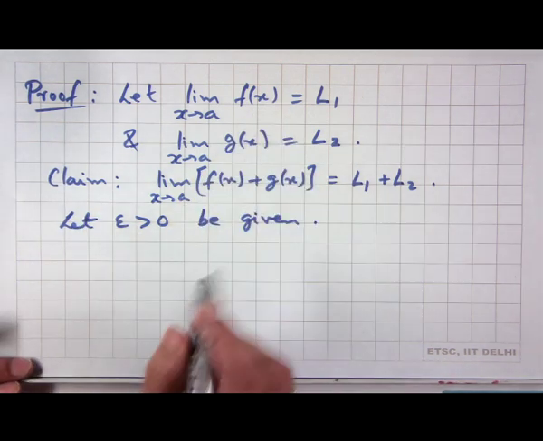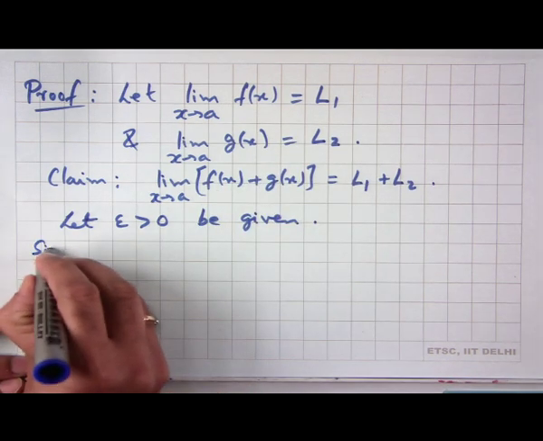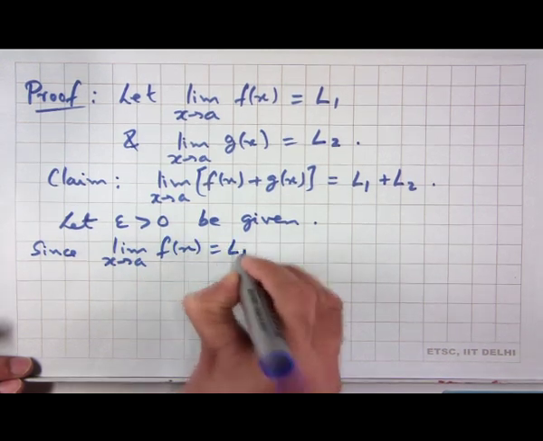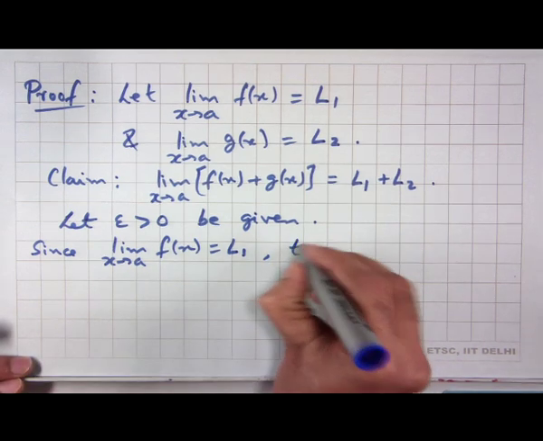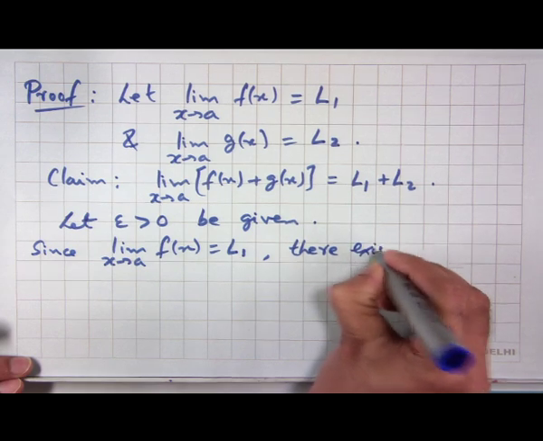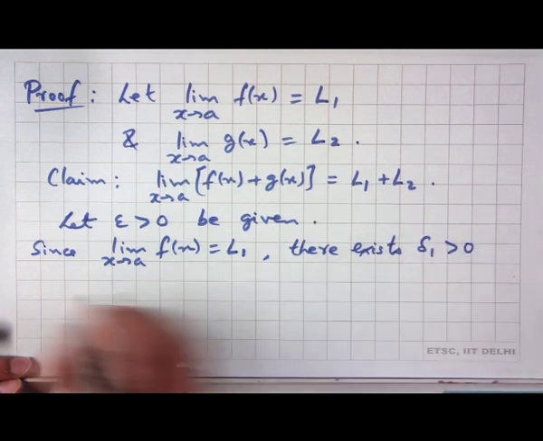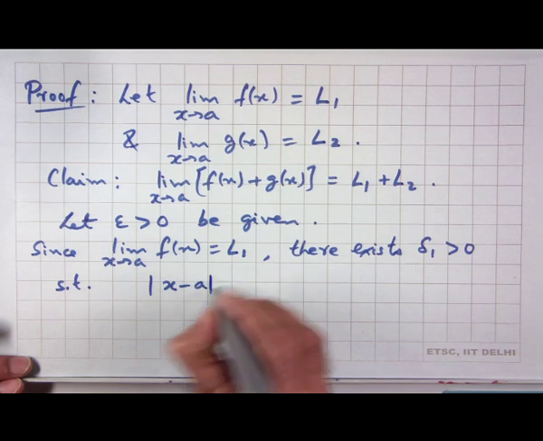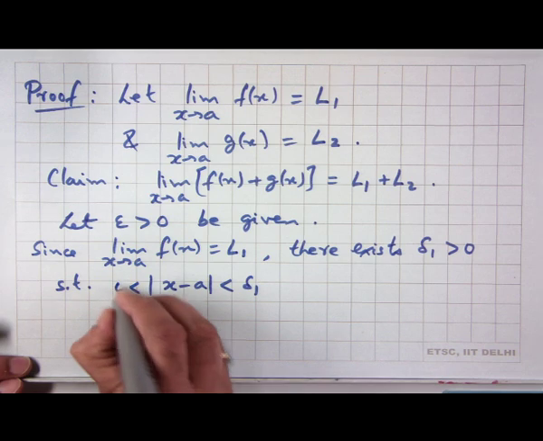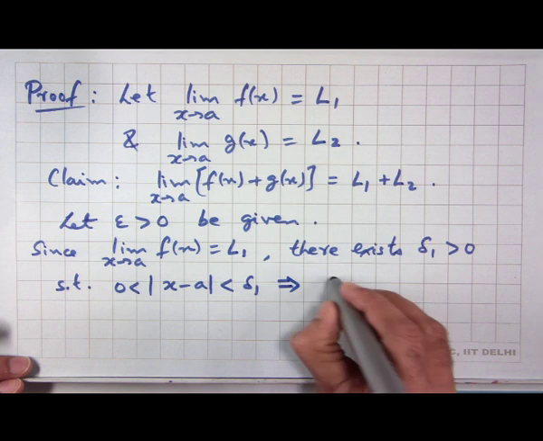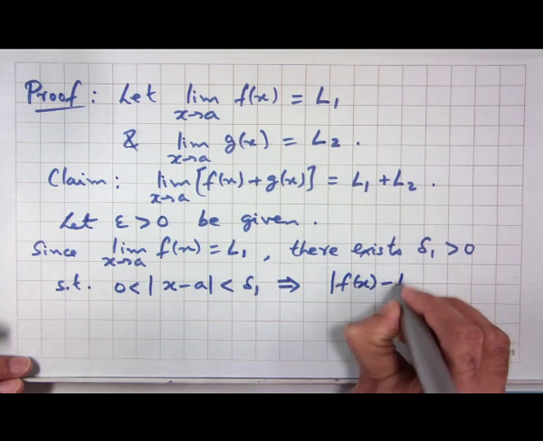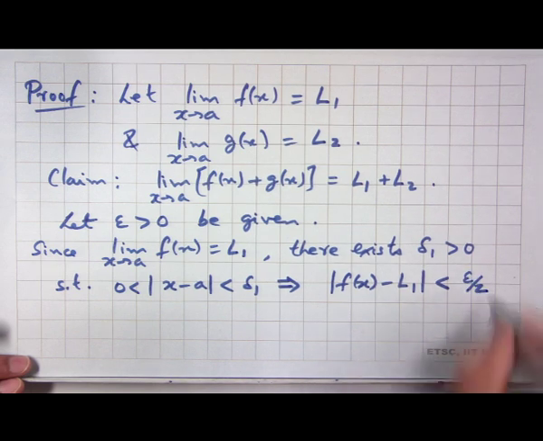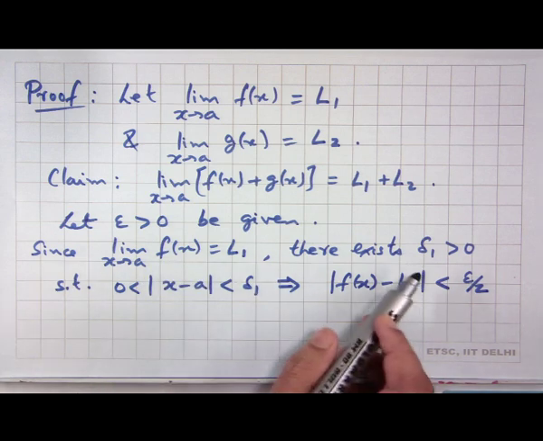So, first of all, we are given the limits of f x and g x. So, since limit as x tends to a of f of x is equal to L 1, we know that there exists some delta 1 positive such that if mod of x minus a is less than delta 1 and greater than 0, then this should imply that mod of f x minus L 1 is less than, instead of epsilon I will put here epsilon by 2, because what it says is that given any epsilon you can find a delta such that this happens.